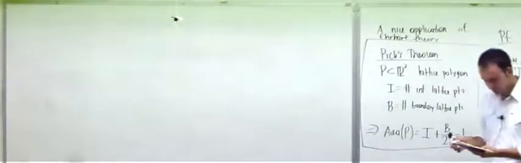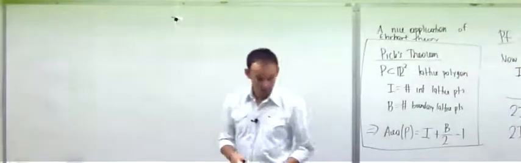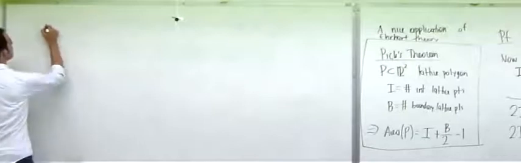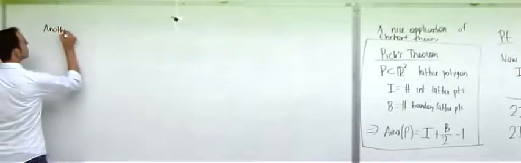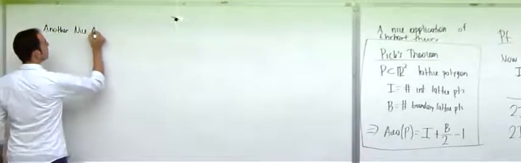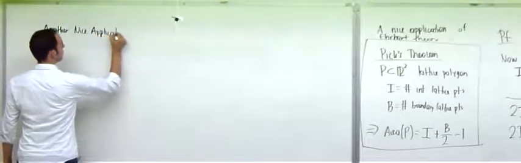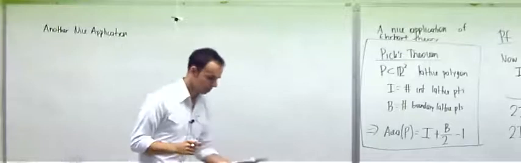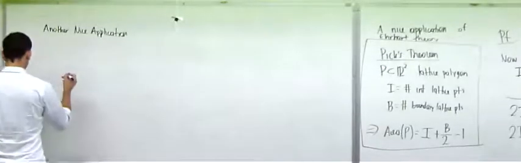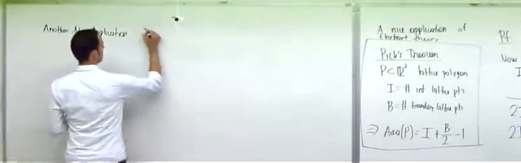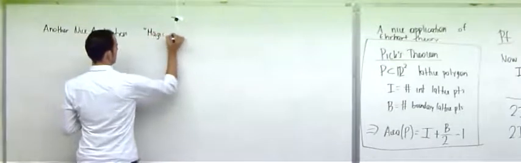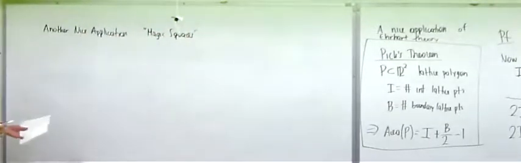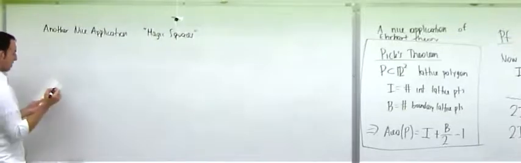Okay. Let me show you another nice application. And this is to combinatorics. And this is magic squares. Let's count magic squares. So what is this?